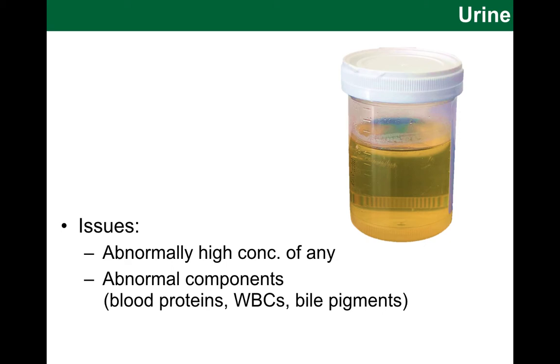If we find abnormally high concentrations of any component, well, that would be a concern. Also, there are certain components that should not be there, such as blood proteins, white blood cells, and bile pigments. The presence of any of these may indicate a pathology.